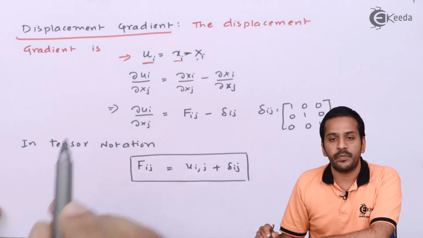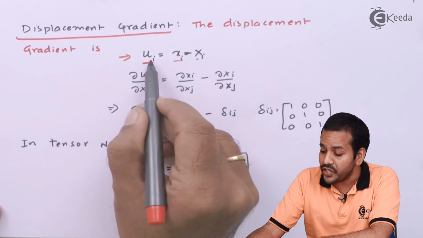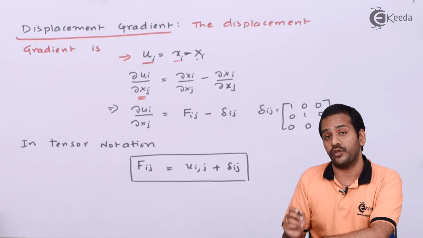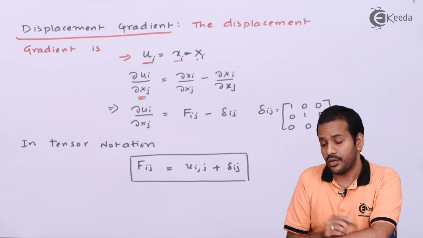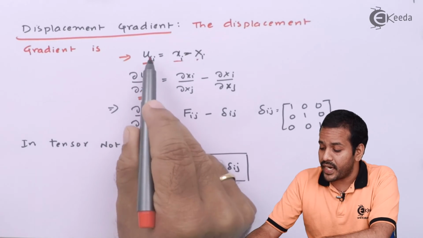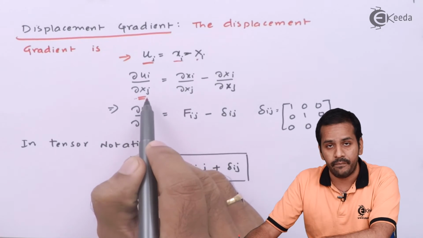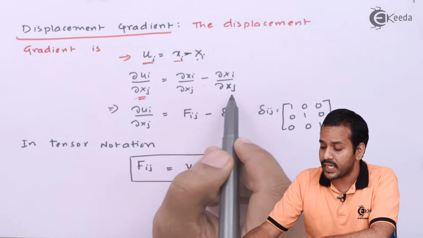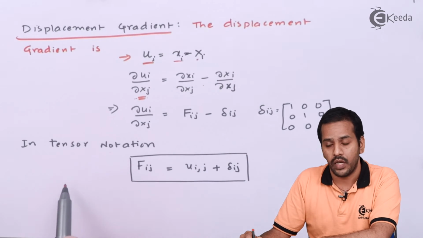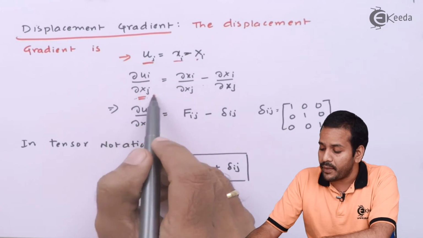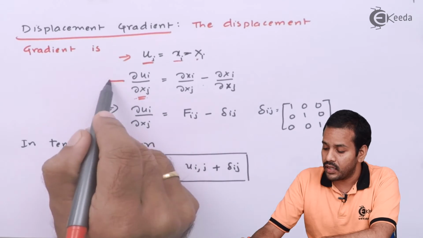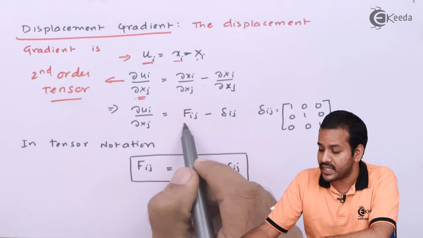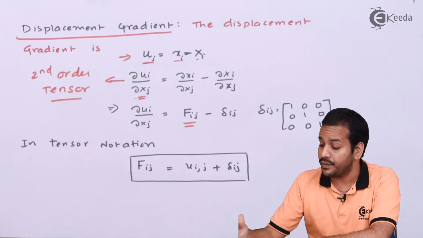By having this displacement vector in our hand, if we differentiate it with respect to the original coordinates, with respect to the reference coordinates, then that can be represented as dou ui by dou Xj equal to dou small xi by dou capital Xj minus dou capital Xi by dou capital Xj, where dou ui by dou Xj is a second order tensor and dou small xi by dou capital Xj is nothing but F that we have defined just now.